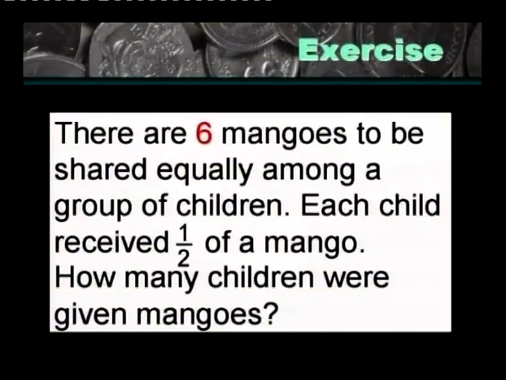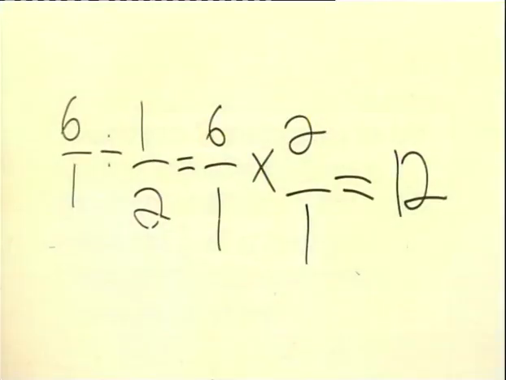All right, 8Es and receiving students, 6 mangoes shared equally among a group of children. Now, a child received a half of the share, half of a mango. So when you divide 6 divided by a half, using the reciprocal method, why is it 6/1?